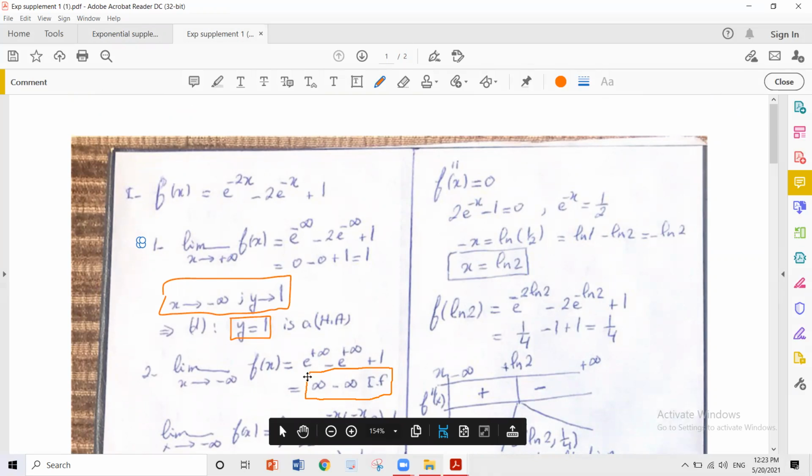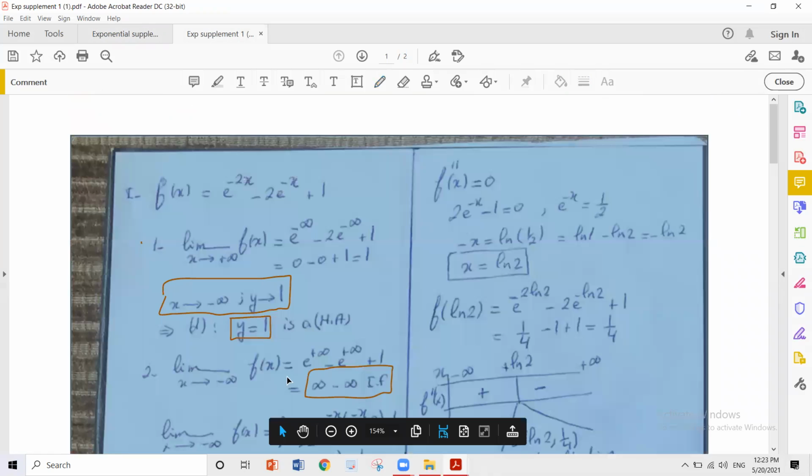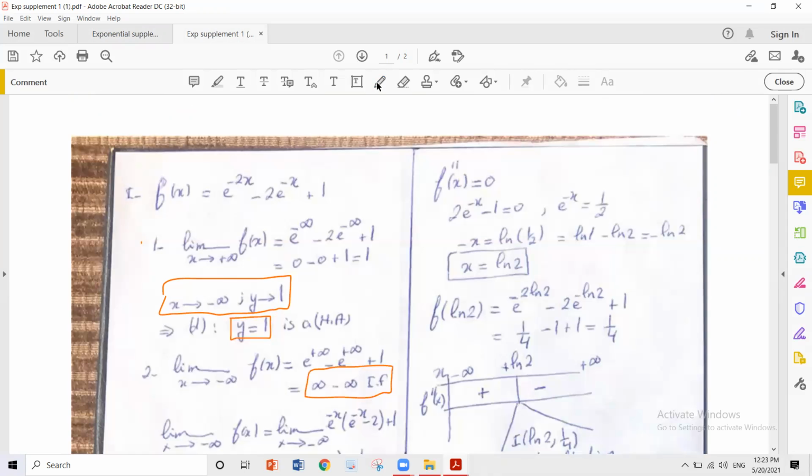What do we do? We take the highest degree. Which is the highest degree? Minus 2x. Okay, and what will be the limit? Plus infinity.